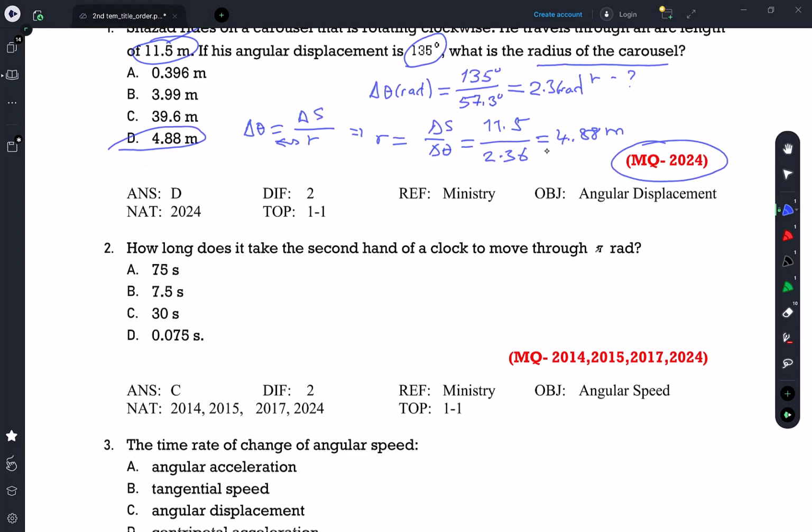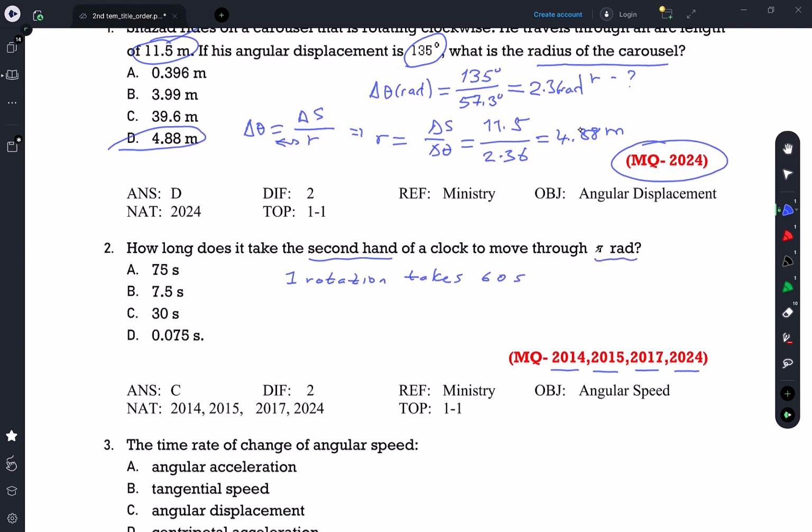Question number 2: how long does it take the second hand of the clock to move through pi radian? This question is repeated in 2014, 2015, 17, and 24. We know the second hand of a clock completes 1 rotation in 60 seconds. So 1 rotation takes 60 seconds.